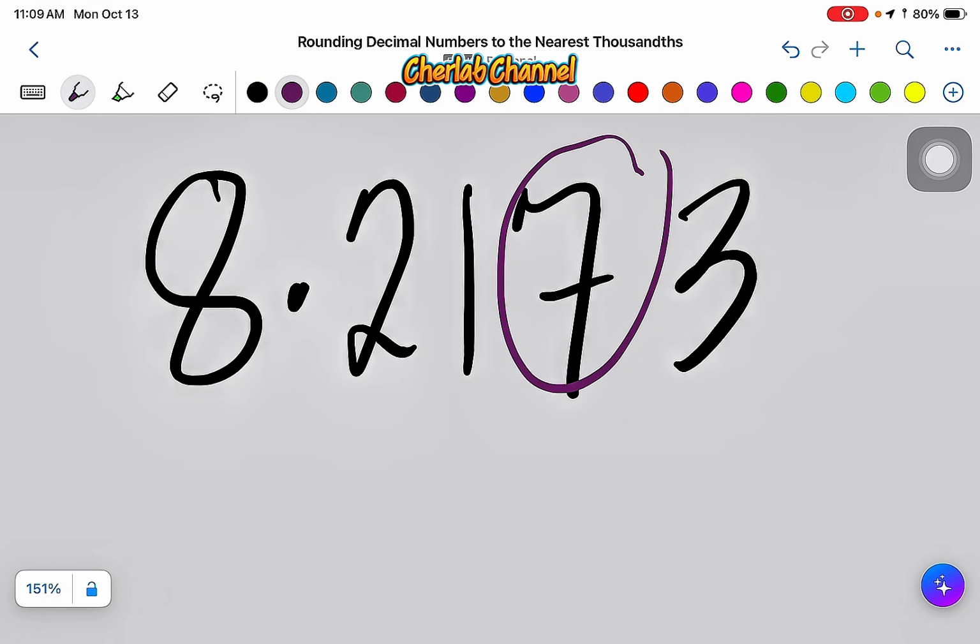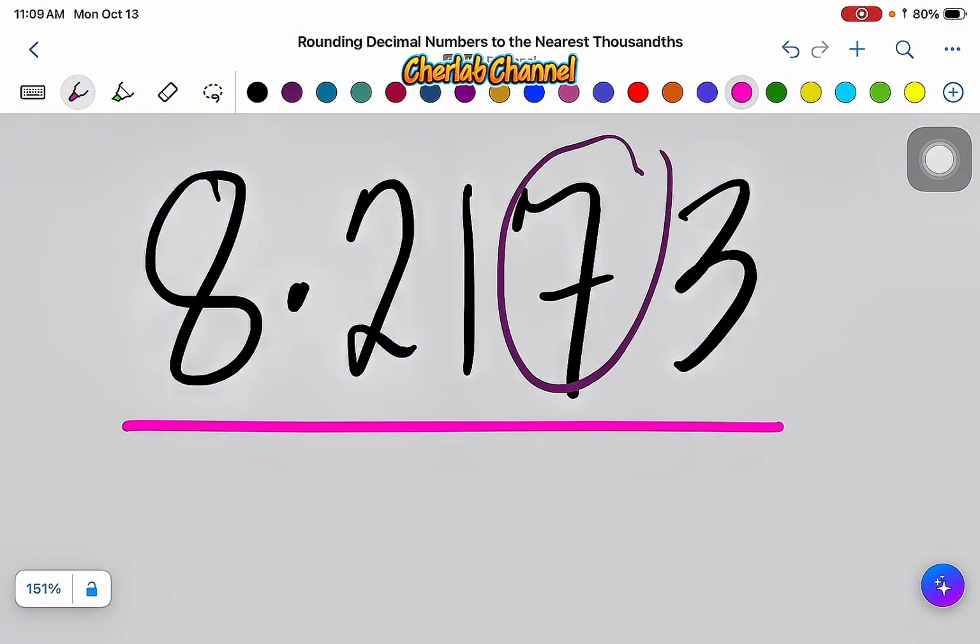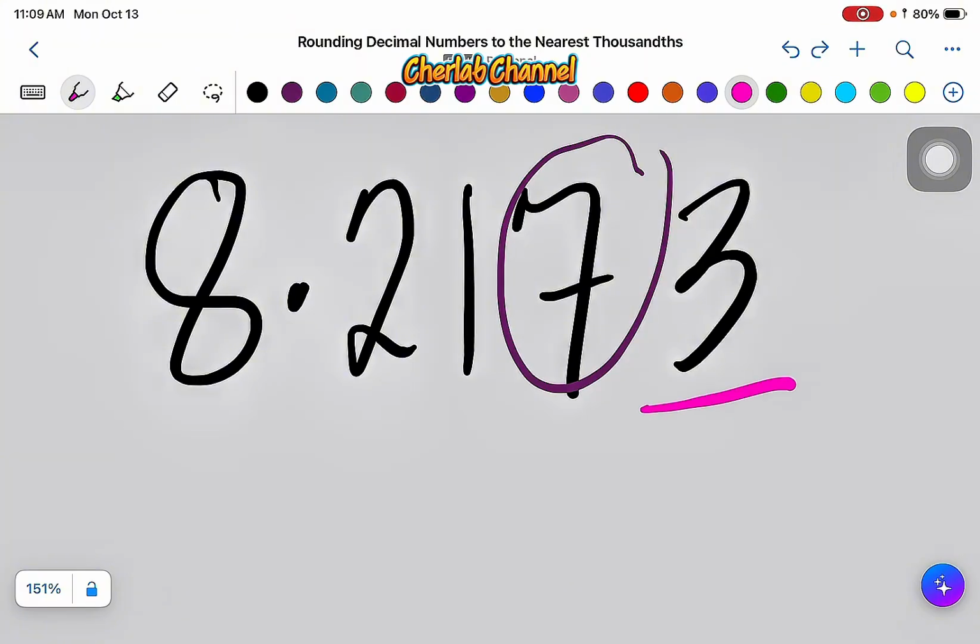According to the rule, ang magsasabi sa mangyayari sa ating number na ira-round off would be the neighbor or yung kanyang kapitbahay or yung kanyang katabing number sa kanan. Okay? Ano yon? Si number 3.